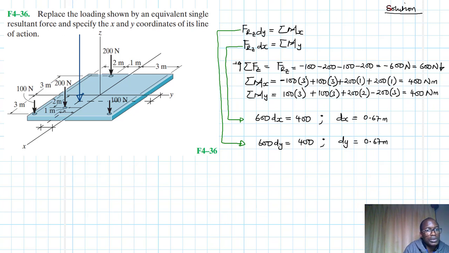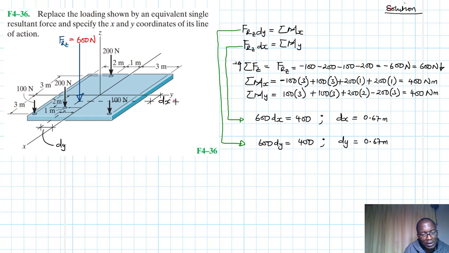And this is going to be equal to, let's write it down, FRZ is equal to 600 newtons. And then here we have dx, then here we have dy.